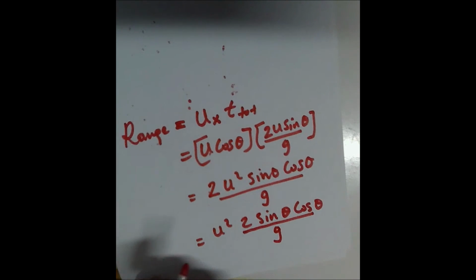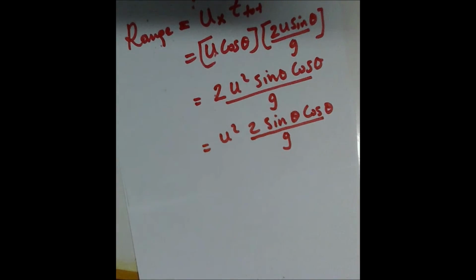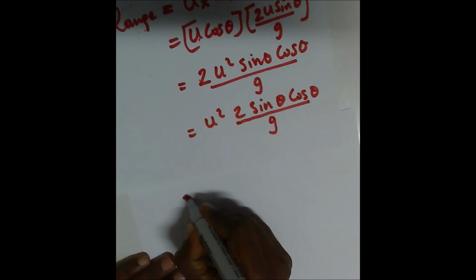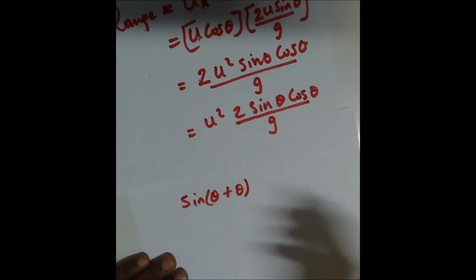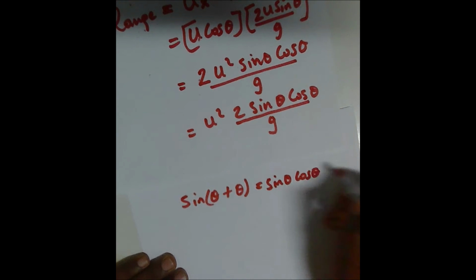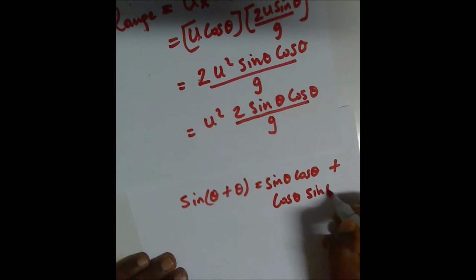And you know from trigonometry that sine of theta plus theta is equal to sine theta cos theta plus cos theta sine theta.